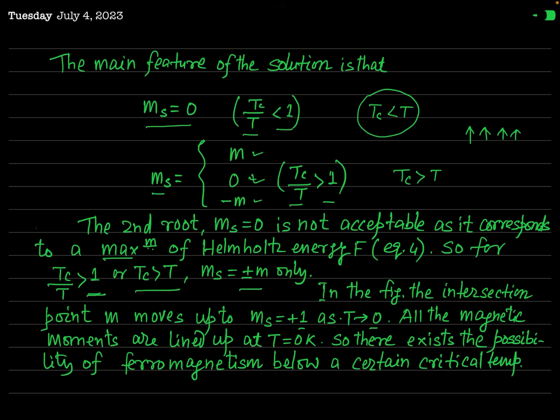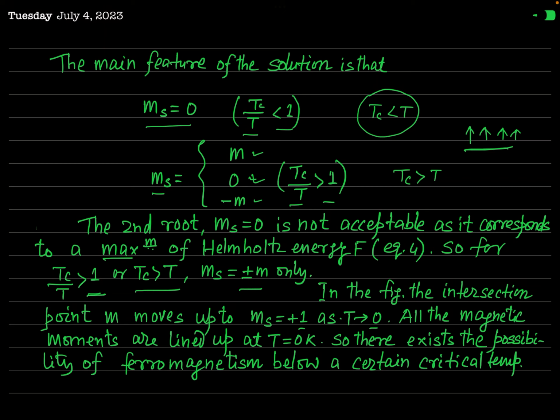And as all the magnetic moments are in the same direction, the resultant magnetization will be not 0, because magnetization means what? This is magnetic moment per unit volume. Okay, induced dipole moment per unit volume. So there will be a spontaneous magnetization.